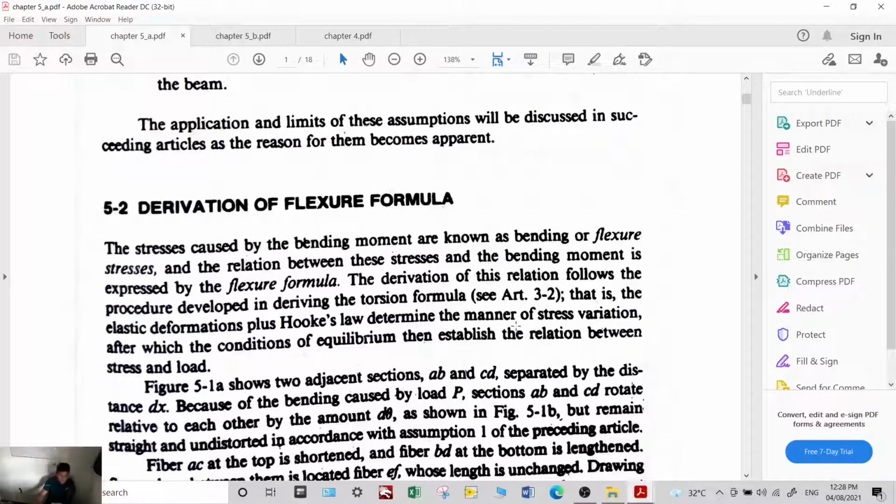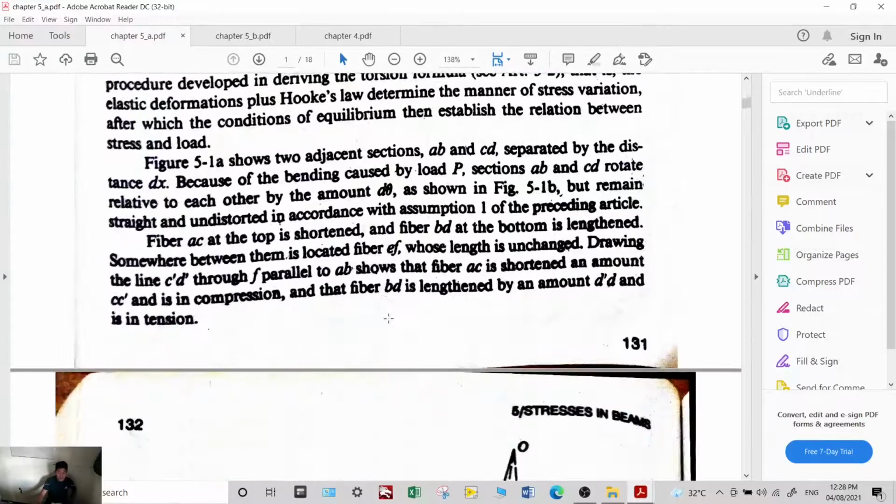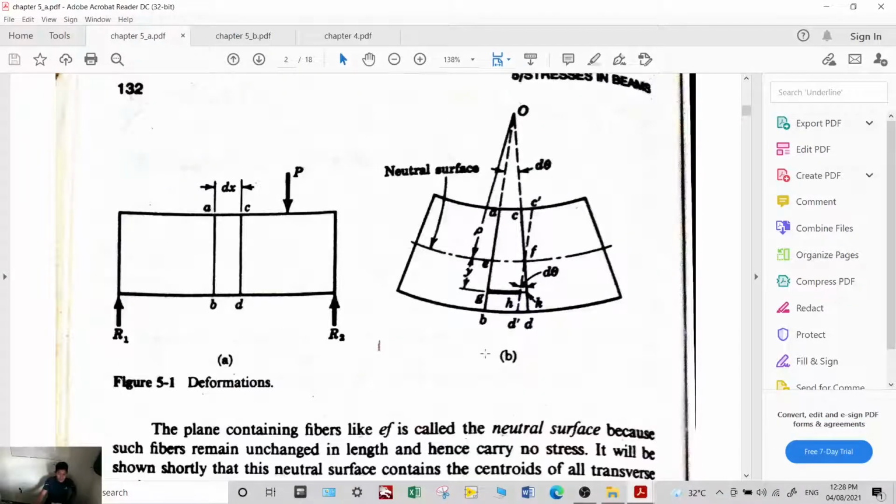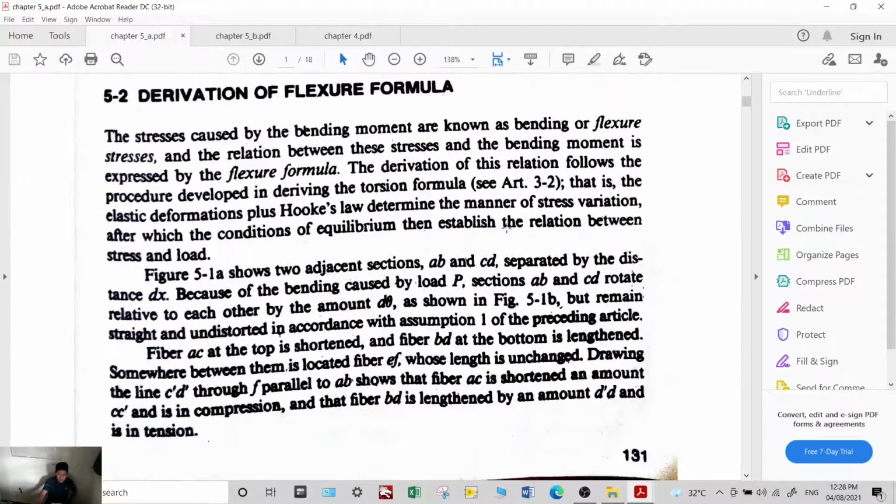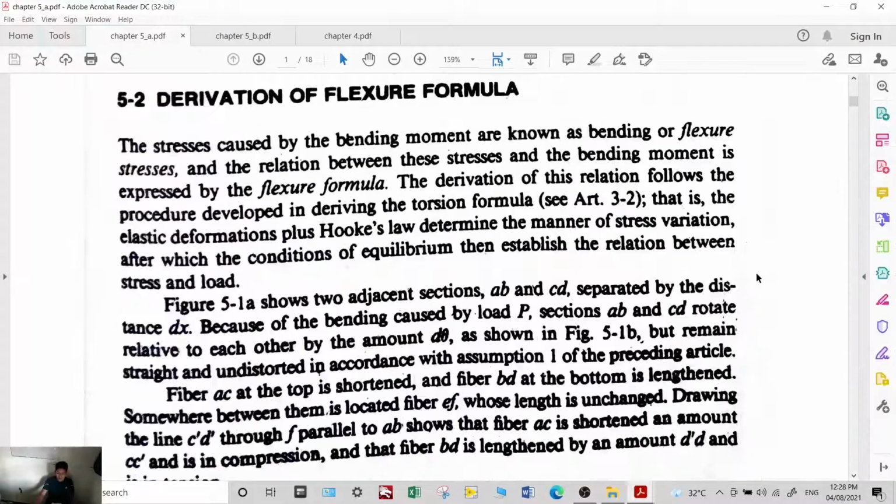Now, the flexure formula, or what we call the flexure stress. In determining the formula, we will use this diagram. By the way, the word flexure is synonymous to bending. It may not be a familiar word to you, but it is equal to bending stresses.